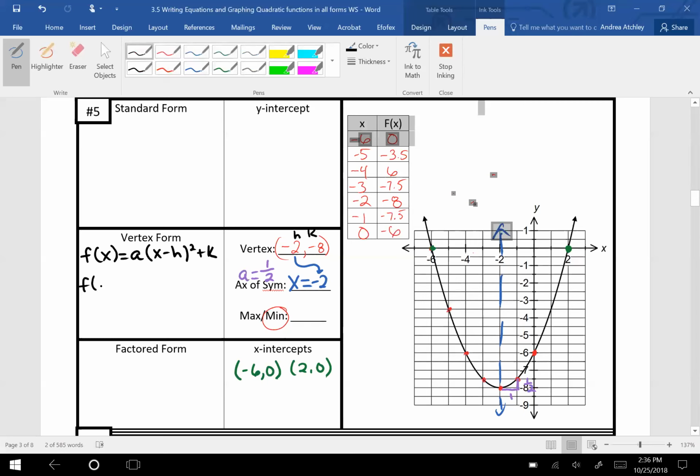So when I write this, I'll have f of x equals the 1/2 times the quantity of x minus, I have my vertex, it's -2. When I plug it into a negative, it makes this +2. And then squared. And then plus k, and k is -8, so it's going to be -8. So that's vertex form.